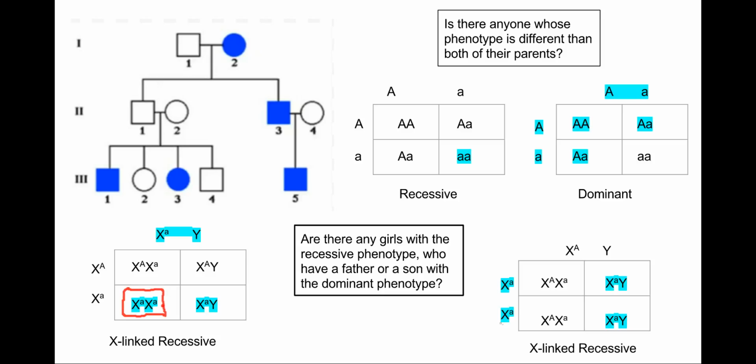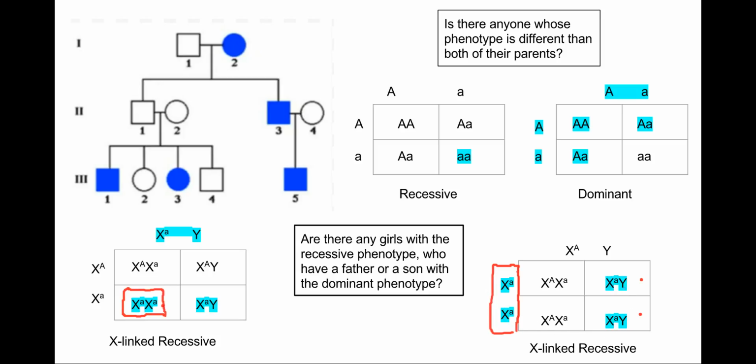Same thing along those lines. If there are any females that have it, they are X small a, X small a. Therefore, their sons must have the trait as well. It is impossible for a son to not have the trait if their mom has the X-linked recessive trait.